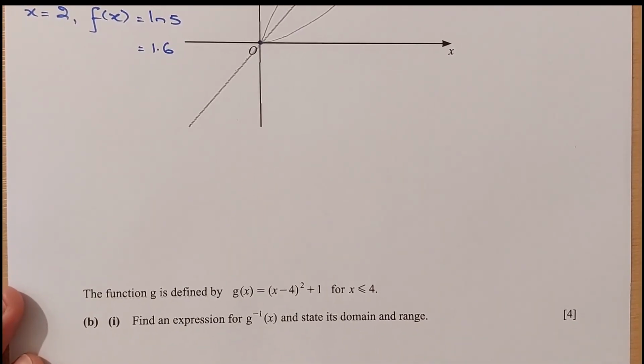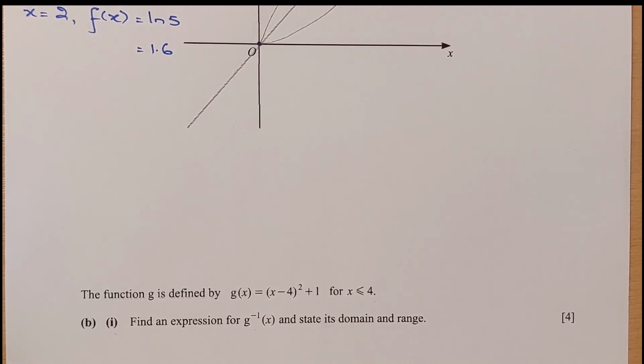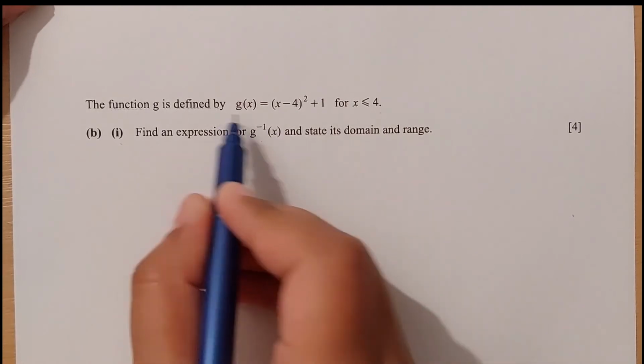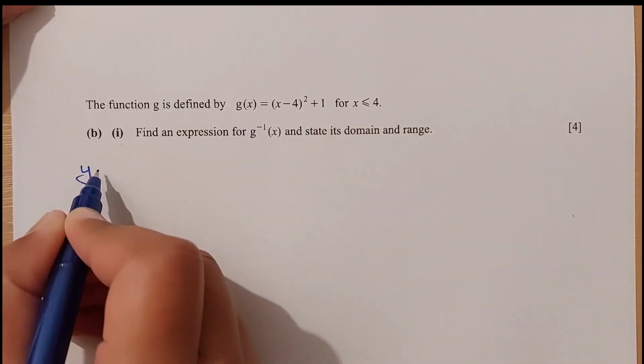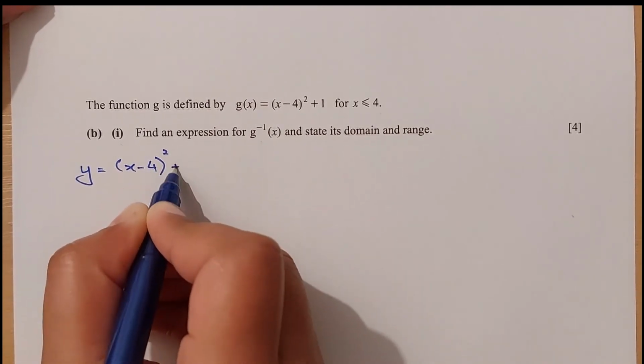Now for the second part, the function g is defined by g of x equals this, for x greater than or equal to 4. Part b, in i, find an expression for g inverse and state its domain and range. The function g is given. We need to find g inverse and find the domain and range for g inverse. So for g inverse, we say y equals g of x, that is x minus 4 whole squared plus 1.